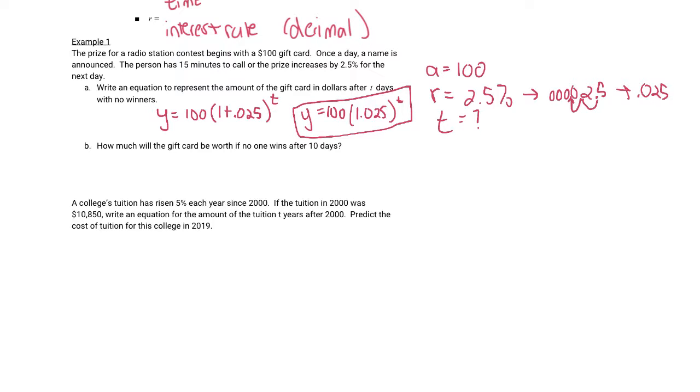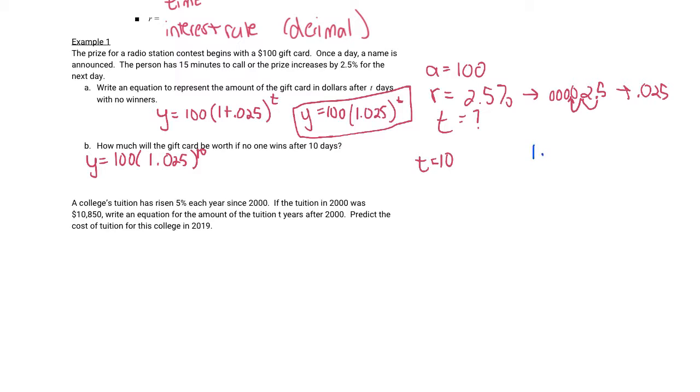Part B. How much will the gift card be worth if no one wins after 10 days? That means same as above, except for now, T is equal to 10. So we'll use this same equation, Y equals 100 times 1.025 to the 10th power. I'm going to write to the side here the steps that I would do if I were you. In other words, this is how you should do it.